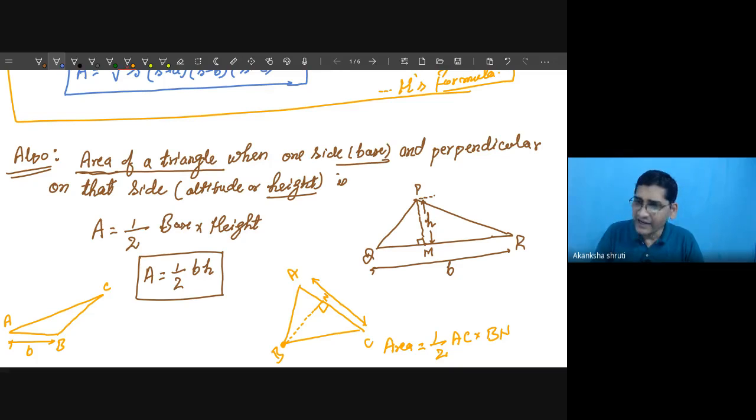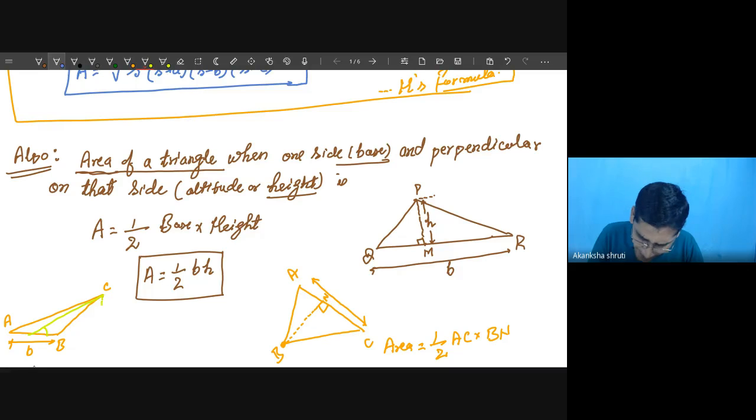For this triangle, the side length AB is known to us. In this case, where will be the perpendicular, student? From C, you need to draw the perpendicular. Now, from this C, if we are drawing the perpendicular, can this angle be 90 degrees? No. So, where will the perpendicular fall?